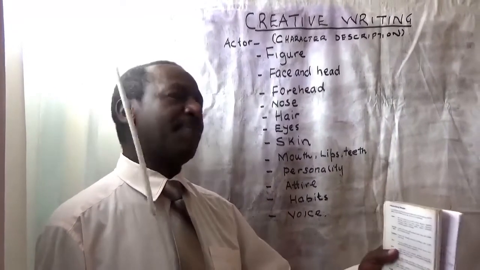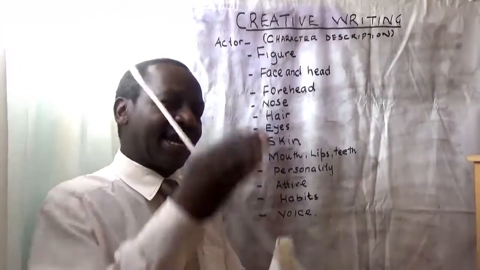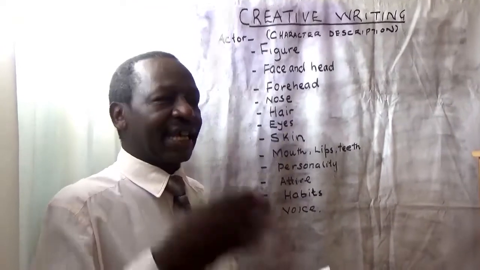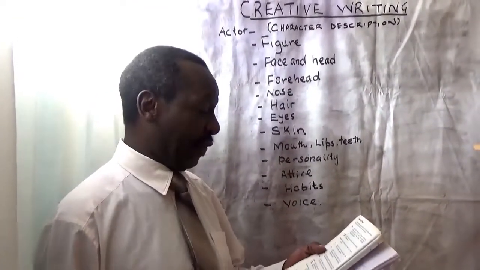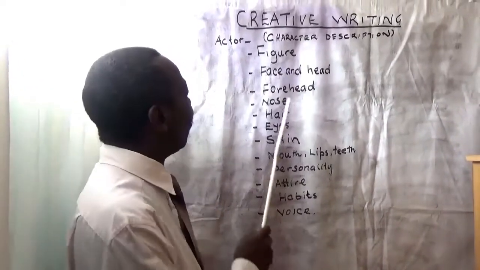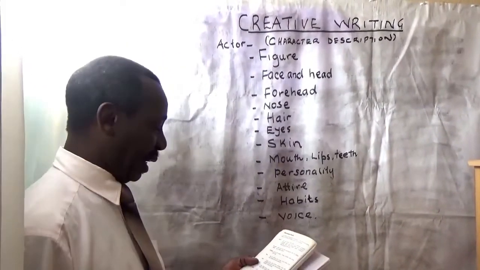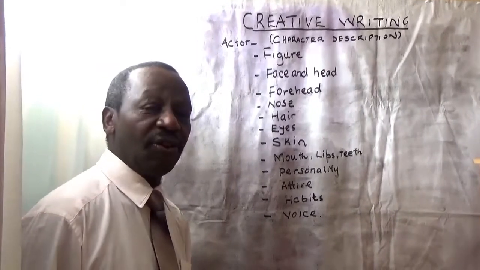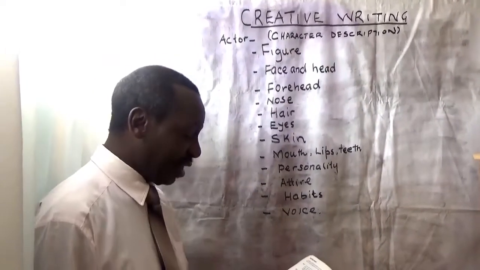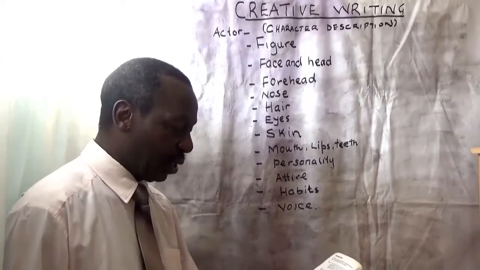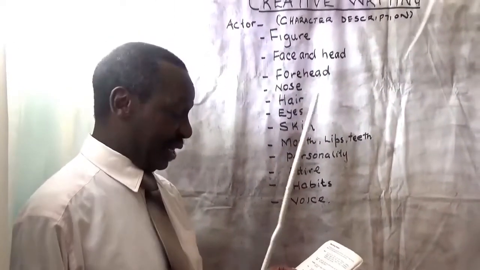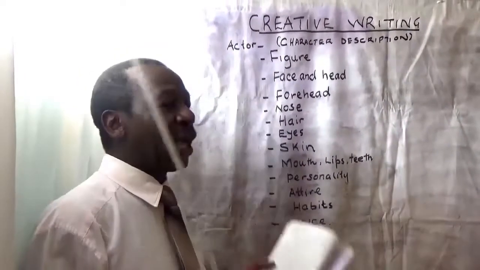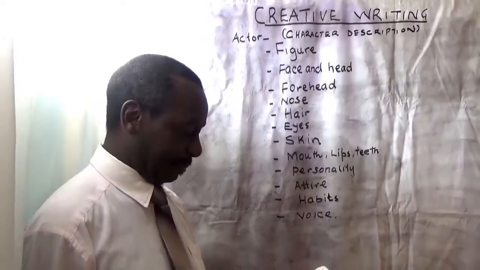So when you describe the character's face, we see the character with a lot of clarity, making our writing very interesting. The character also has a forehead, and you can describe it as narrow, flat, bulging, receding, wrinkled, wide, prominent, high. All these will help you describe your character.